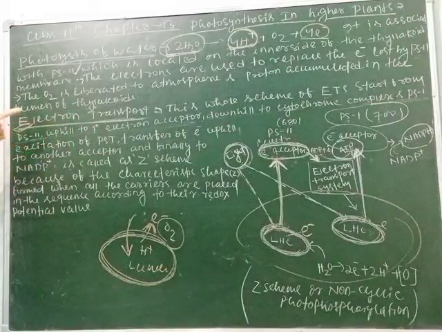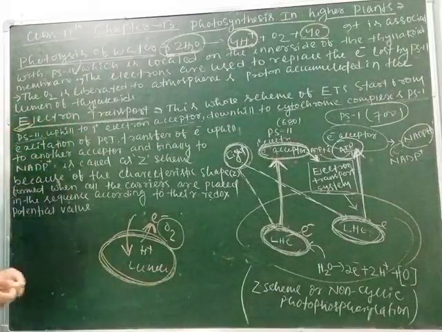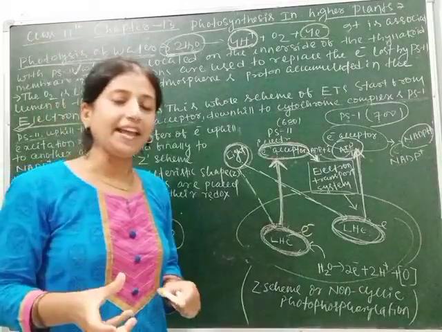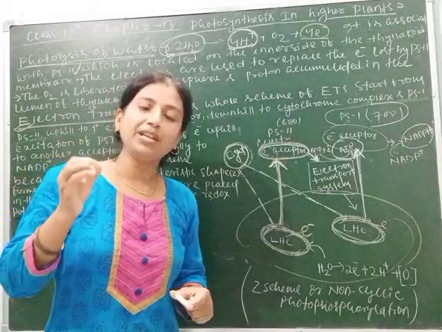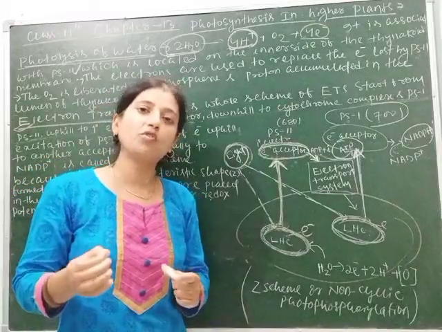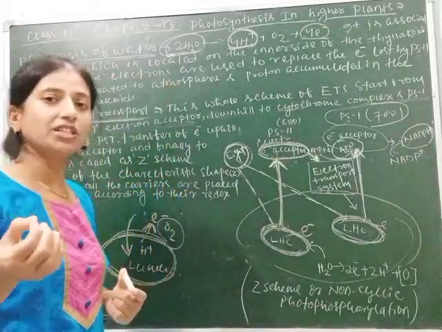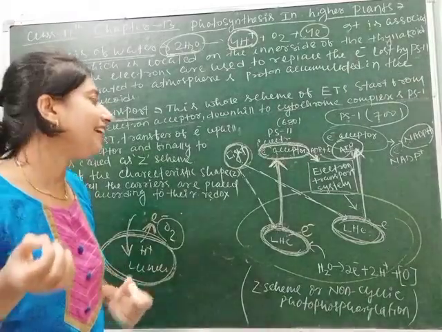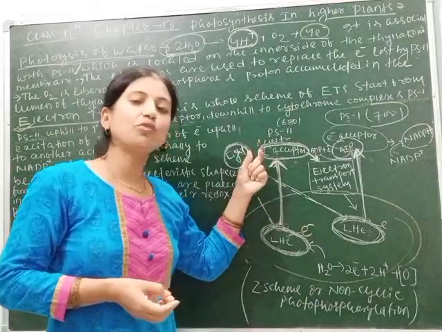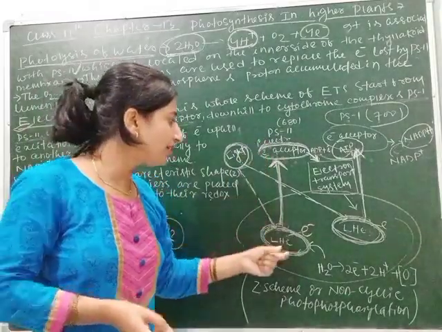As we know, in photosystem 2, the reaction center is chlorophyll a. The reaction center is always chlorophyll a, meaning all the reactions during photosynthesis take place in chlorophyll a, and PS2 is associated with chlorophyll a.